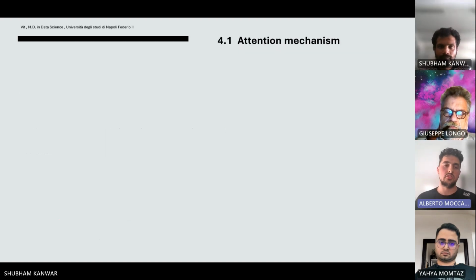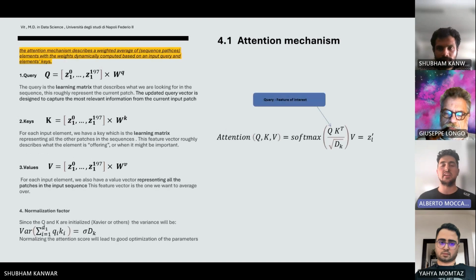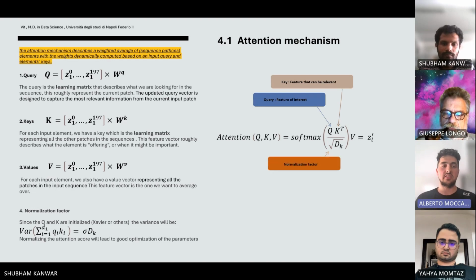Now, moving on to the next slide, we have the attention mechanism, how it is performed in our ViT model. And here we will explain each brick of this attention mechanism, that is our principal layer of the ViT model. Here we have 3 main elements: query, keys, and values. These 3 elements come from the same root. They come from the input image that is flattened and represented as vectors.